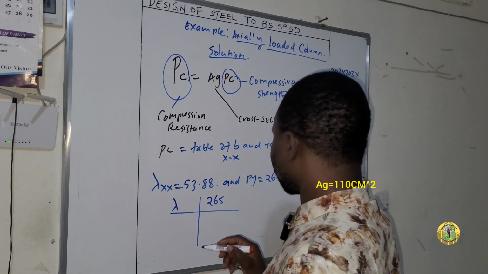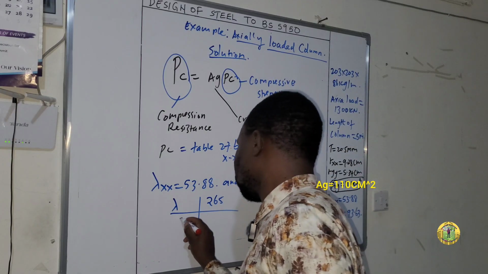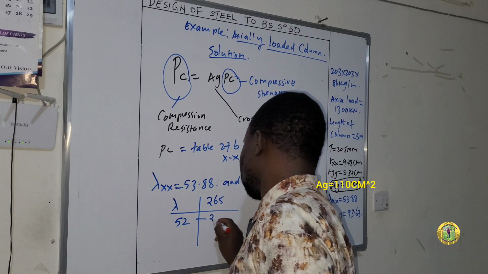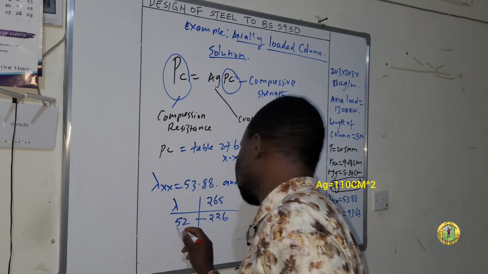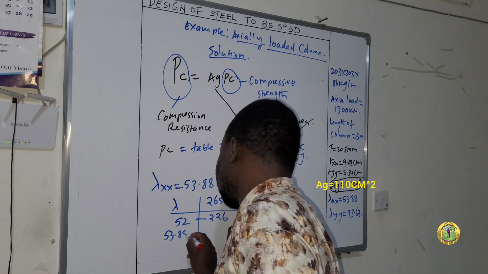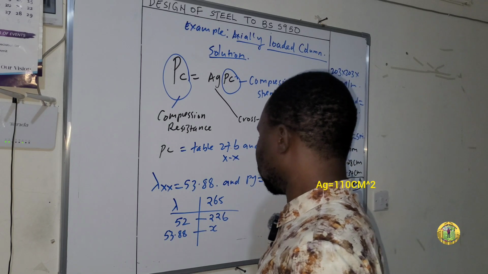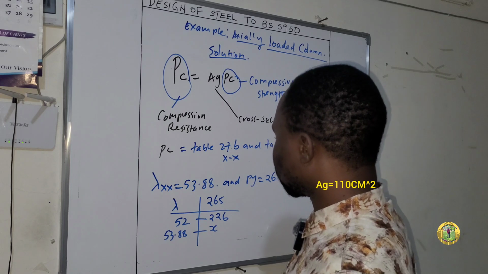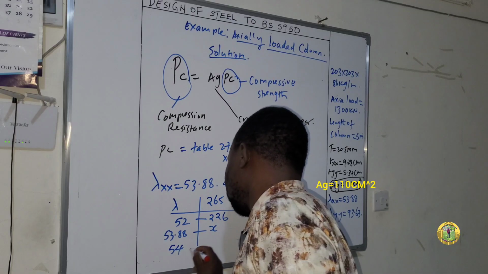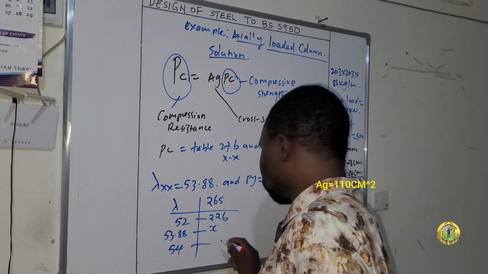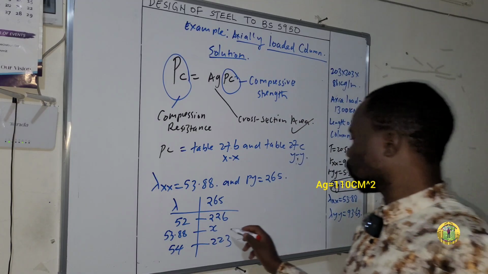From the table we have 52 corresponding to 226, and our value 53.88 corresponding to X. We don't have a value for this slenderness ratio. From the table again we have 54 corresponding to 223. We want to interpolate so that we can get a value for X.